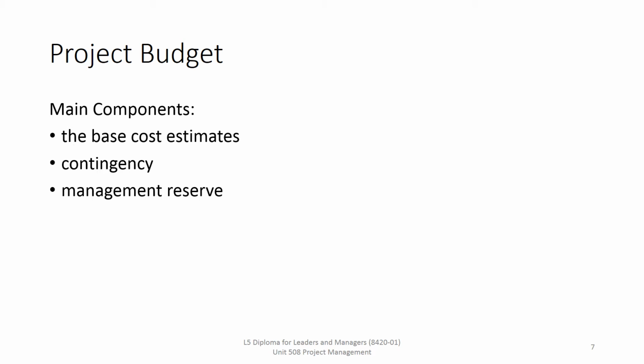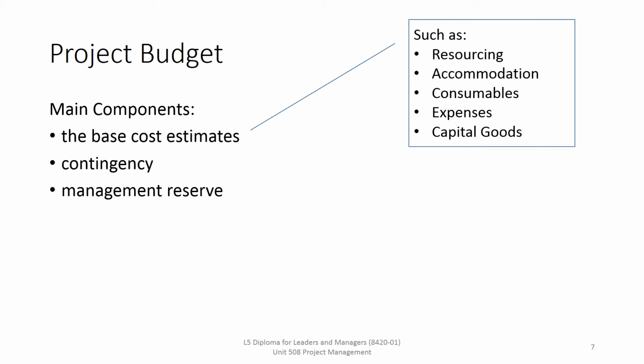And the base cost estimate covers those known costs that we're talking about, such as resourcing, so staffing, hiring, subcontractor fees, any accommodation costs, rent, for example, any consumables, e.g. the power or the IT supplies that we're going to use during the project, the expenses, the travel and subsistence, and then any capital goods, so purchases of machinery, equipment, any new buildings, furniture, and fixtures and fittings.